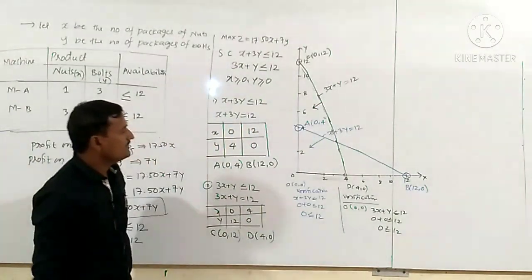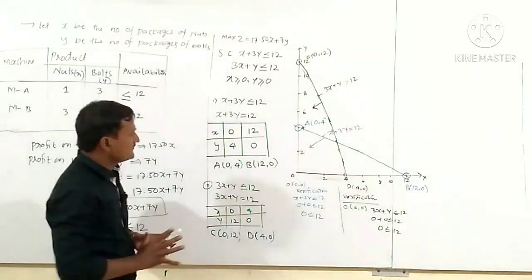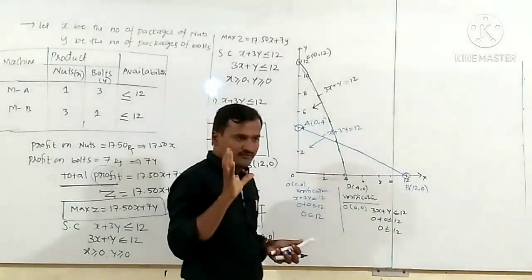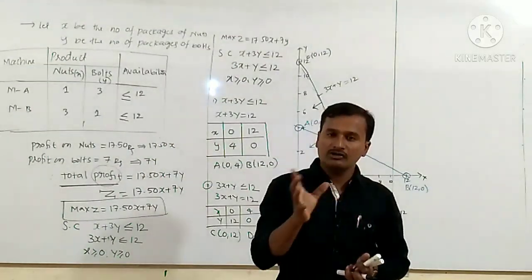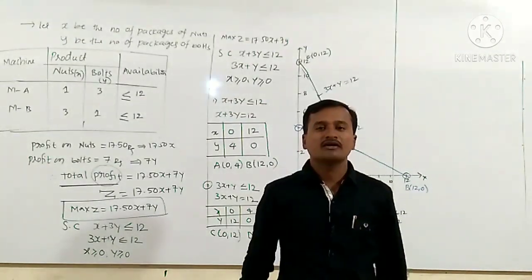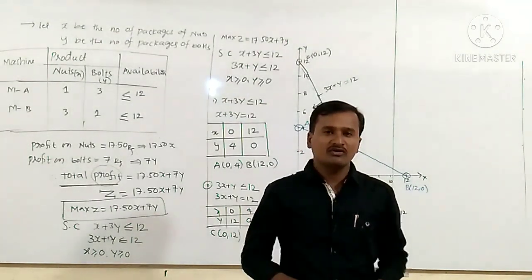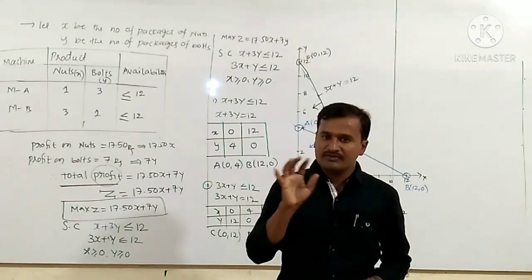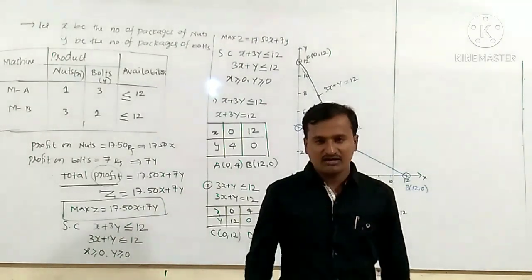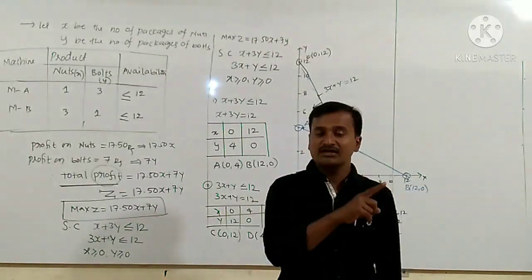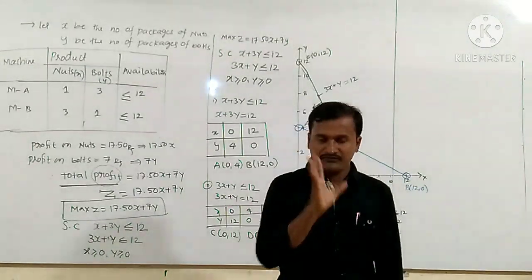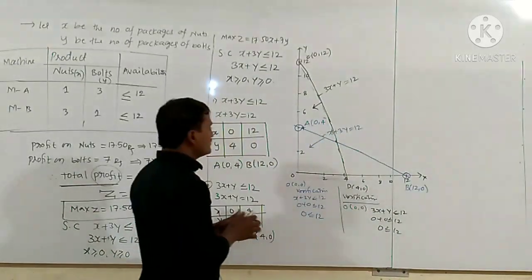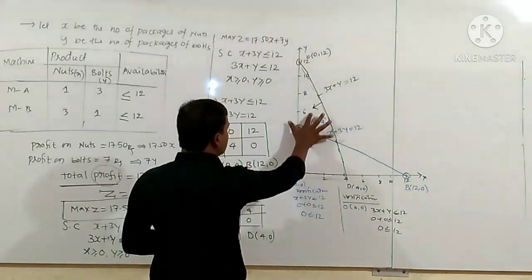Next, we have to write the feasible region. Feasible region means it is a common region determined by all the constraints, including the non-negative constraint. While solving a system of linear inequalities by the graphical method, you are always shading the common region. That common region itself is called the feasible region. So which one is the feasible region here?